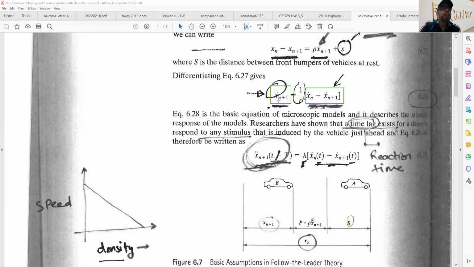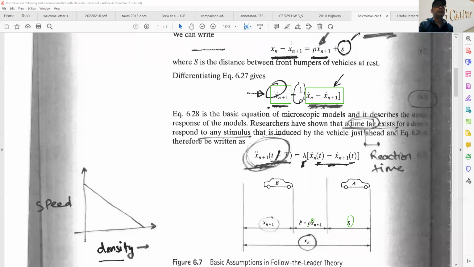and the acceleration or deceleration of the follower is the response that the follower gives. If the speed differential is positive, meaning xn dot is higher and the leader is going at a faster speed, the follower might want to accelerate, because xn plus 1 double dot would be positive since this expression is positive.